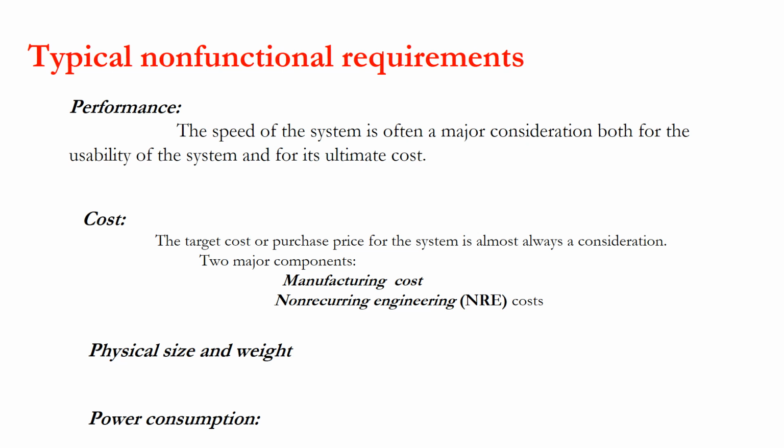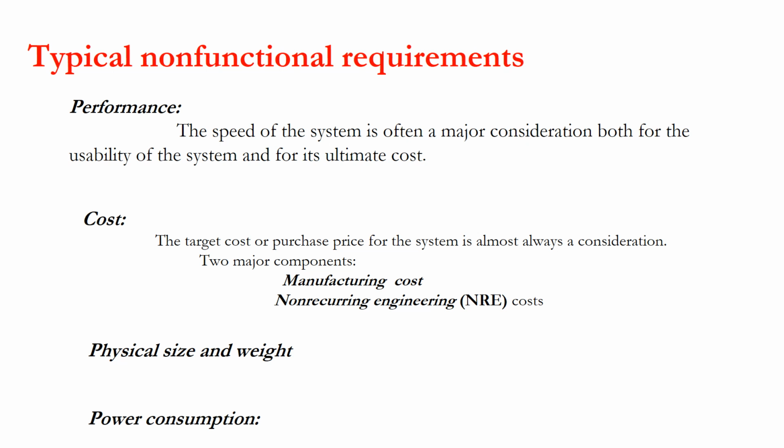We must always include it in the non-functional requirements. There are two major components in the cost. One is the manufacturing cost, which includes the cost of the components as well as the assembly cost. The other one is the non-recurring engineering cost, which includes the personnel and other costs of designing the system.